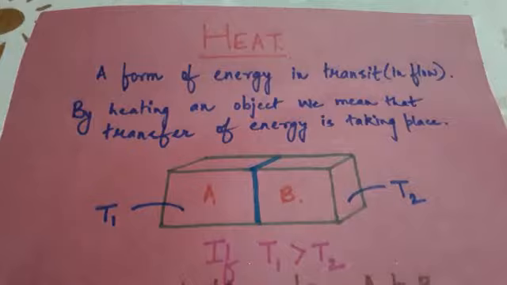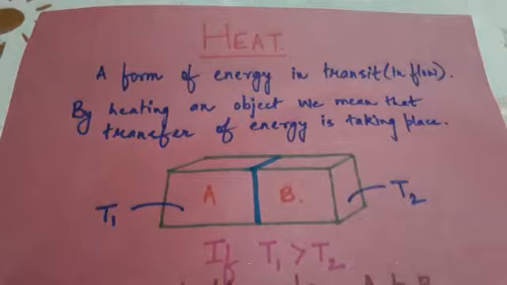Now, what happens if you try to bring these two objects in contact? The atoms on the surface of the hotter object are moving rapidly, right? And they will try to hit the atoms on the surface of the colder object, and they will transfer some of the energy, right, the kinetic energy, to the atoms which belong to the colder body.